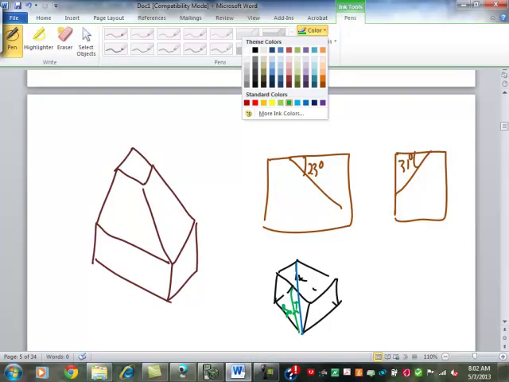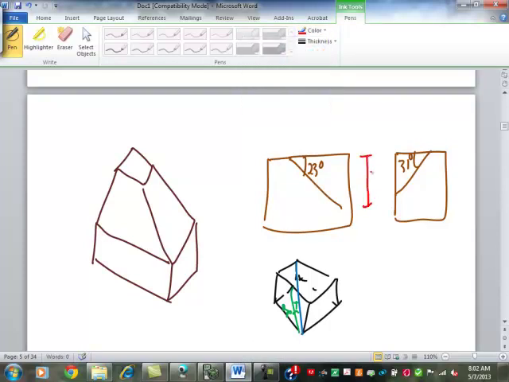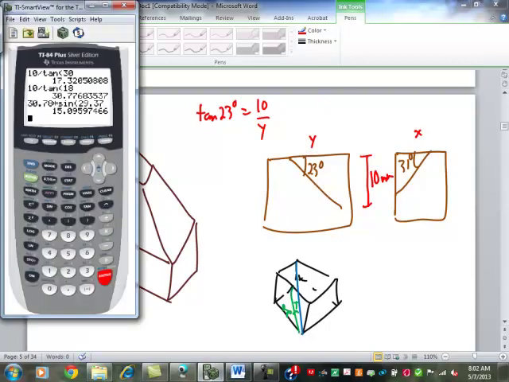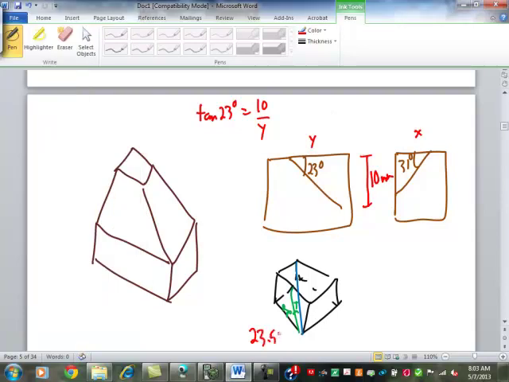I do not give you a depth, so we can choose whatever we want to. So let's choose 10 millimeters. We've got X and Y here. We're going to find X and Y the same as we did before. Tangent of 23 degrees is going to equal 10 over Y. So Y is 10 divided by tangent of 23, which gives us 23.56 here.